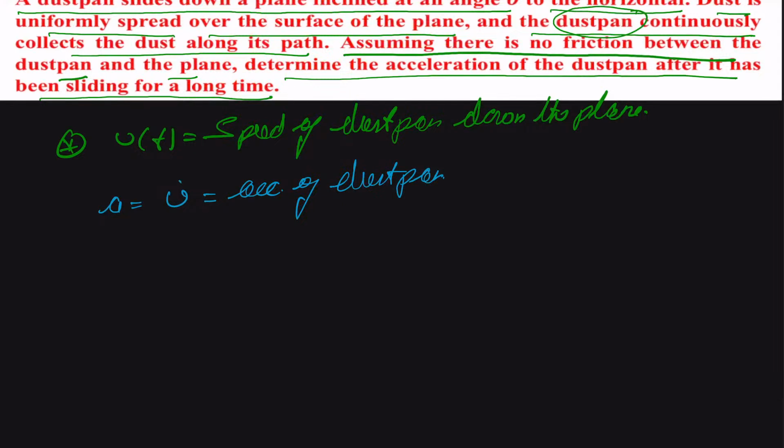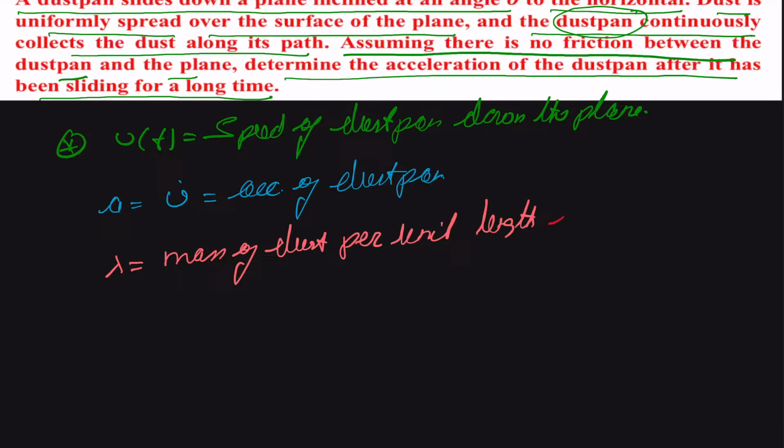And we say that lambda is the mass of dust per unit length along the plane.